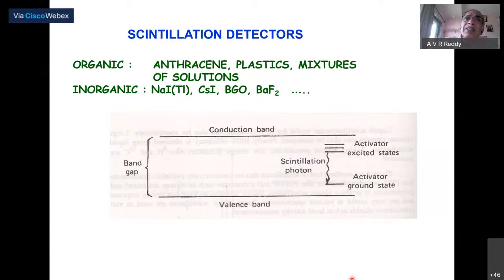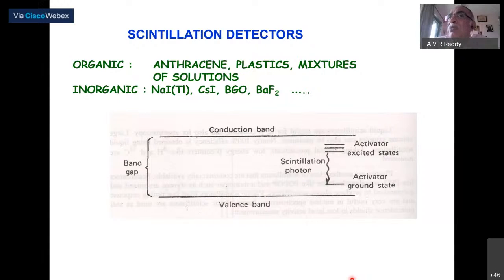So on an average, 100 to 300 electron volts is spent to produce one effective photon, which is the representative of the initial gamma ray to be available at the photocathode of the PMT. Therefore, the number of effective photons that form the signal will be reduced.